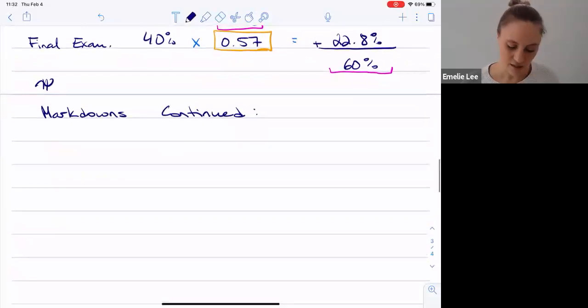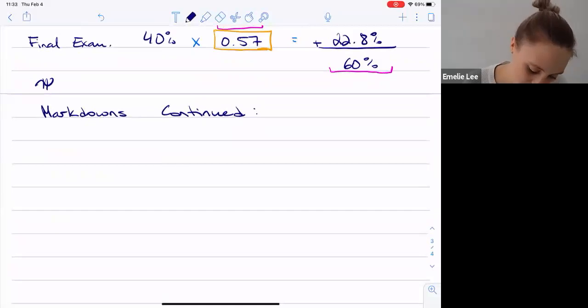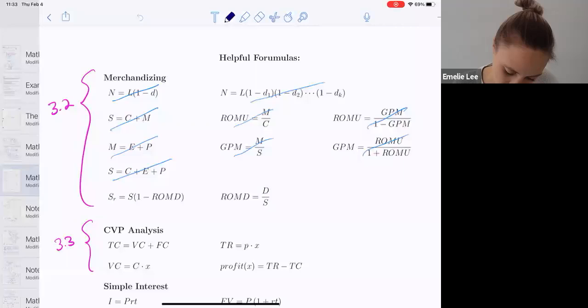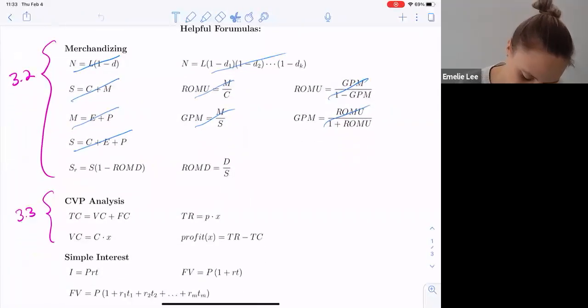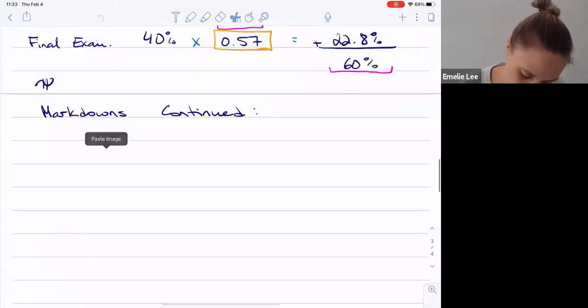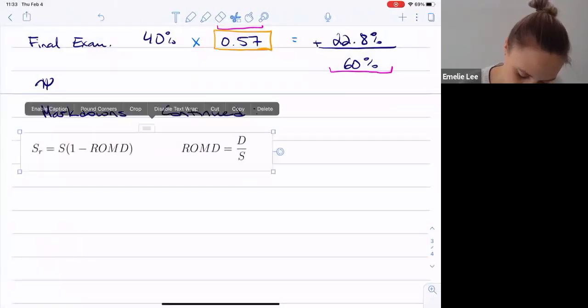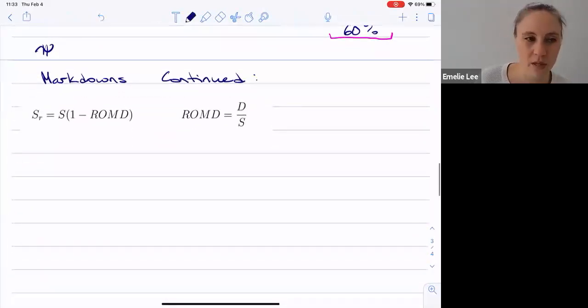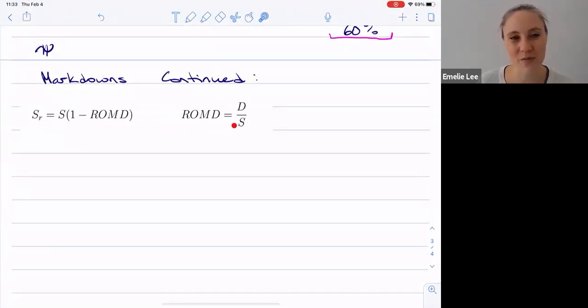All right. So for the markdowns, we were talking about the formula sheet. Here were our last formulas from this section, right? And just to review, I'll go from left to right because we did talk about all these variables.